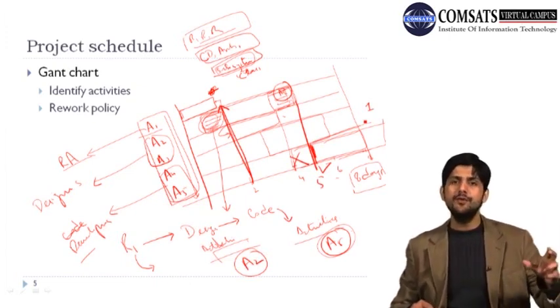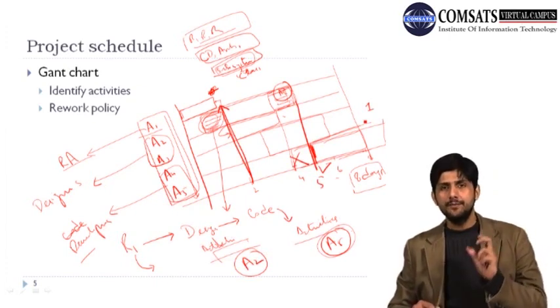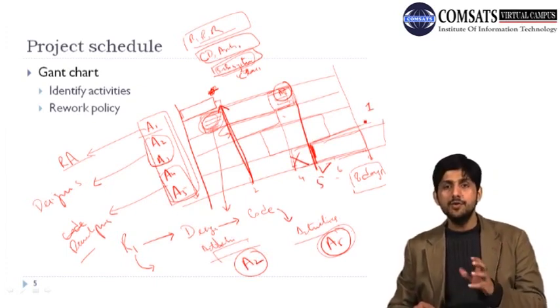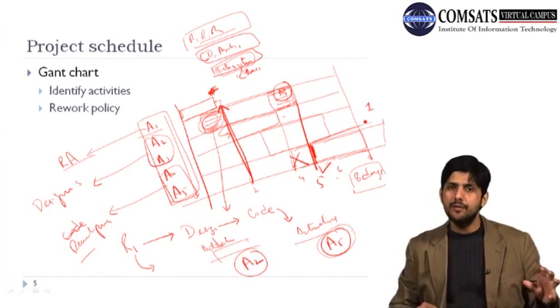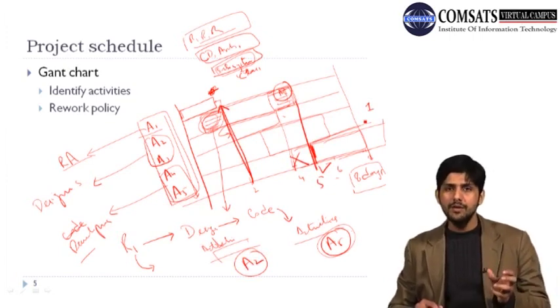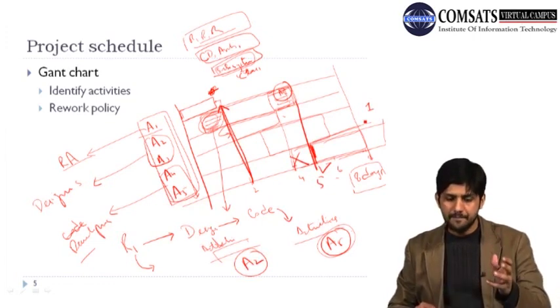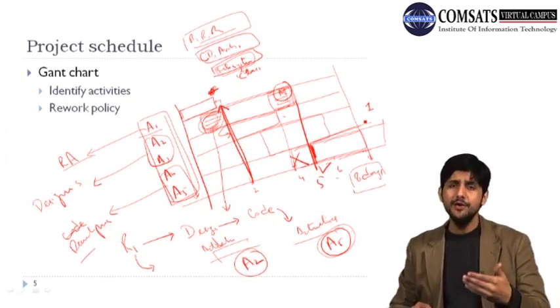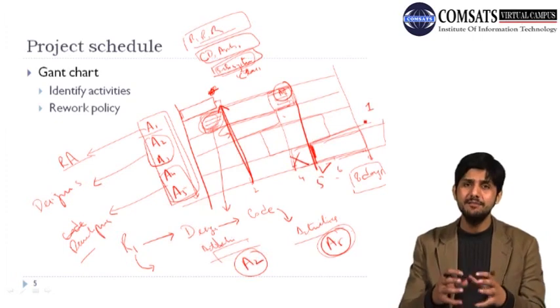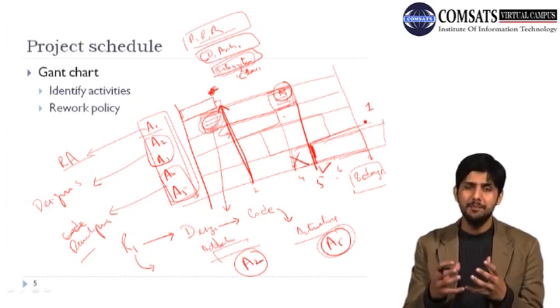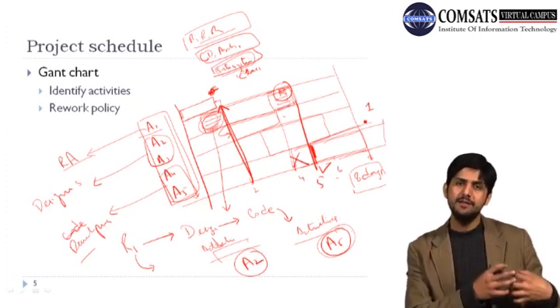And through that traceability information, we identify which design artifacts and which code modules are affected by change in certain requirements, and we know that those design artifacts or design work products are going to be produced by performing certain activities. Similarly, those code modules would be implemented by performing different tasks by different developers.